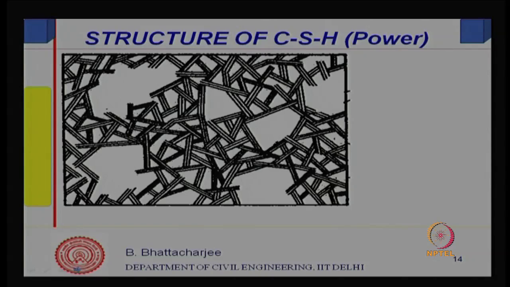and this is the model proposed by Powers. In this model, these are the CSH sheets you can see, and capillary pores. There are large spaces which he calls capillary pores, as I was telling you, relatively larger pores.